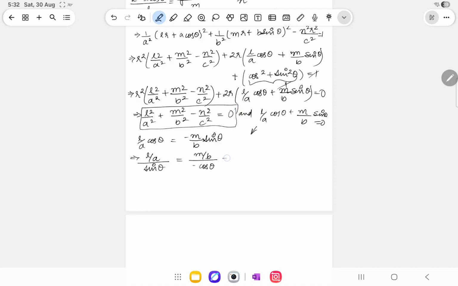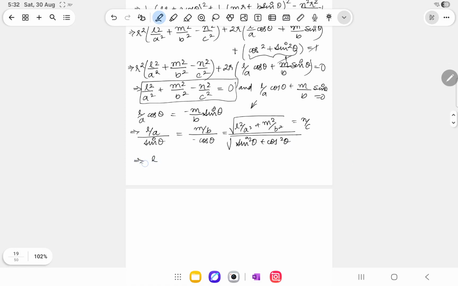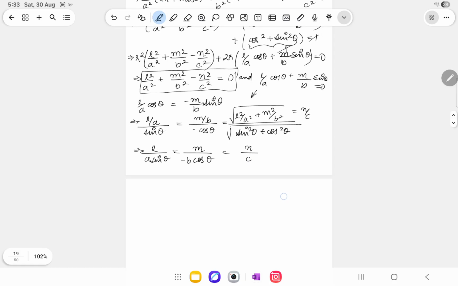So that is basically under root of l square by a square plus m square by b square is n by c. That basically gives me under root sin square theta plus cos square theta. So from here I got my l as a sin theta, my m as minus b cos theta, and n as plus minus c, because from here I'll get 1 and it can be both positive and negative.